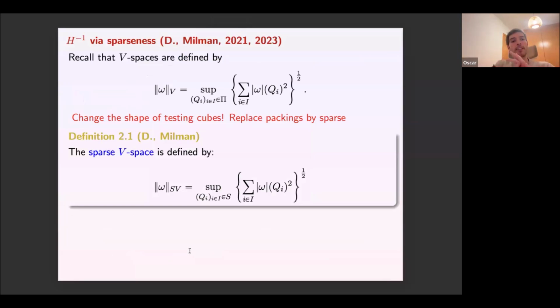And now here, this is, as I promised, the connection between sparseness and energy conservation. And this was developed in two papers jointly with Mario Milman. To be more precise, this is one project, but we first made an announcement in Comptes Rendus from the French Academy of Sciences.